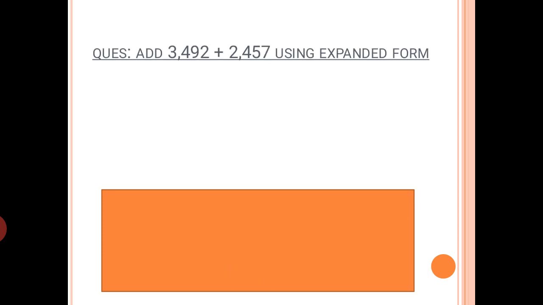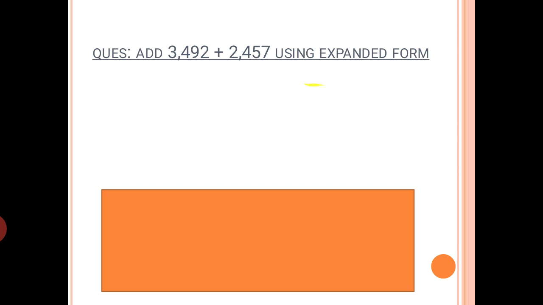Now the next question is add 3492 and 2457 using the expanded form. So what is the first step?